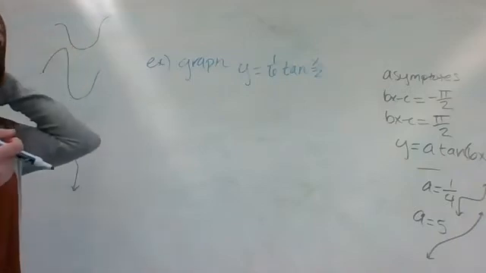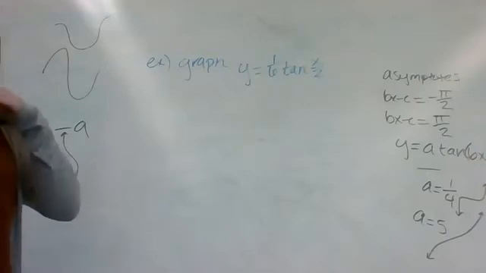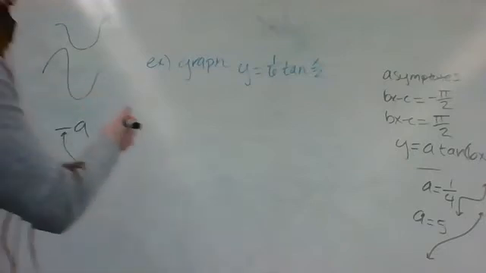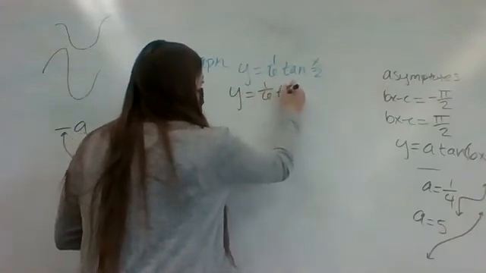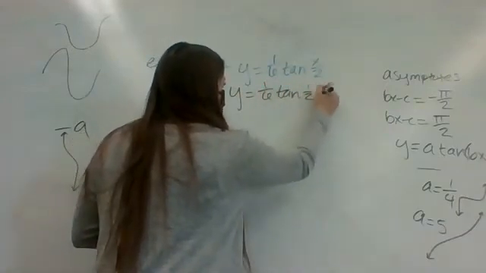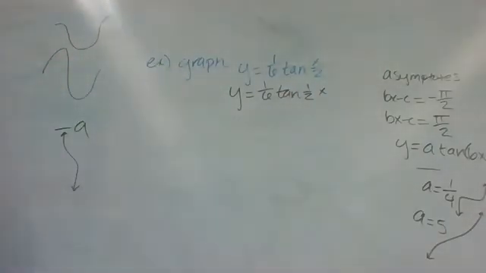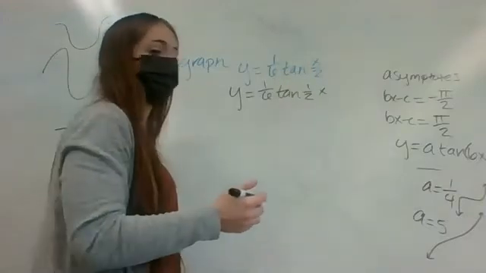When we did sine for the first time with the b value, we had that fraction where it said x over 2. Your book, and if you go into calculus, this is more how you're going to see it written. I like to pull this apart so that we can see the b value separately. So that would be 1/6 tangent 1/2 x, right? Just literally pulling out that b value so it's more obvious to me, because 1/2 x is the same thing as x over 2.